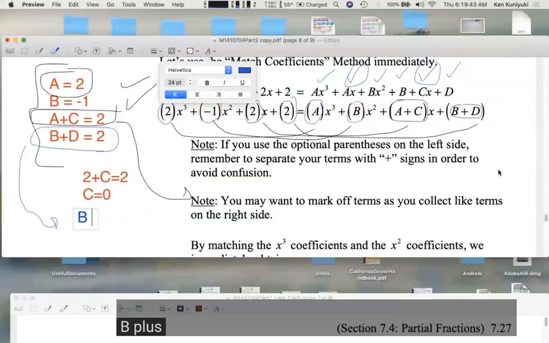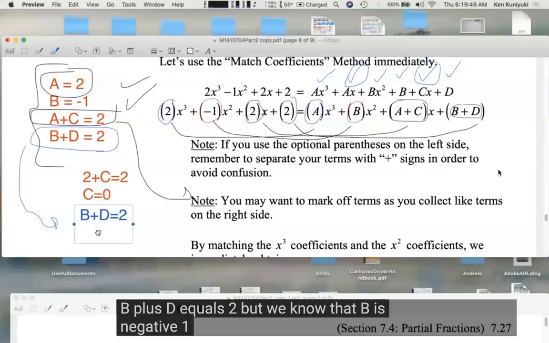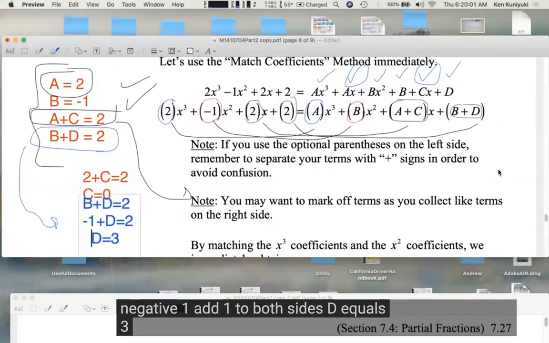B plus D equals 2, but we know that B is -1. Add 1 to both sides, D equals 3.